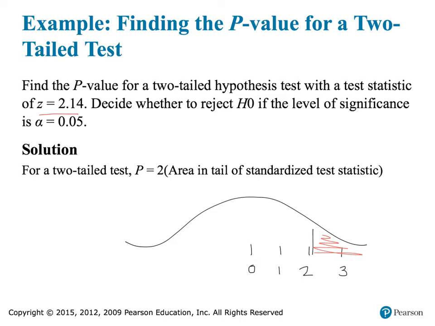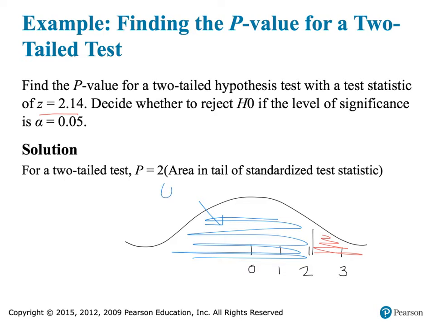So when we look up our 2.14 value in our table, it gives us this area below. And if you have your table in front of you, you should see that the area below given in that table for a z of 2.14 is 0.9838. Because we want the area above, we're going to need to take 1 minus that value.